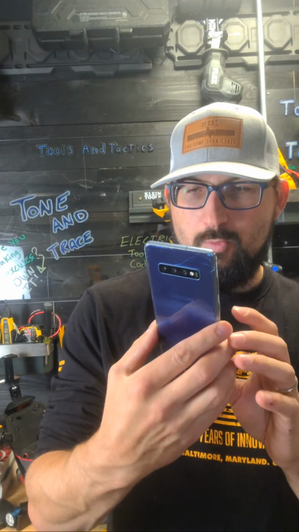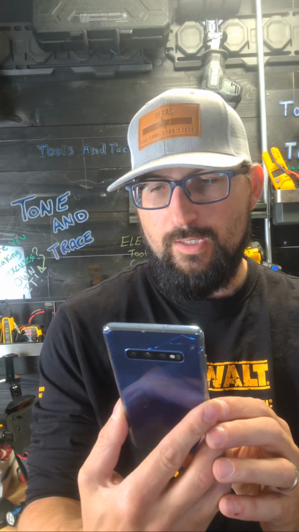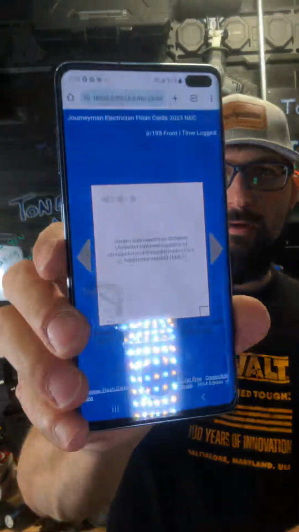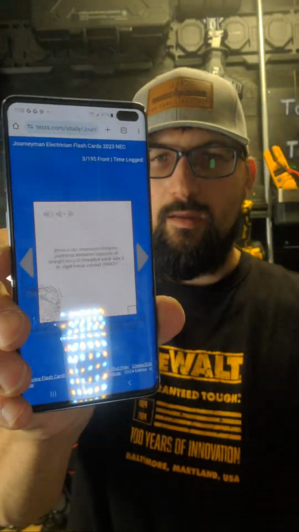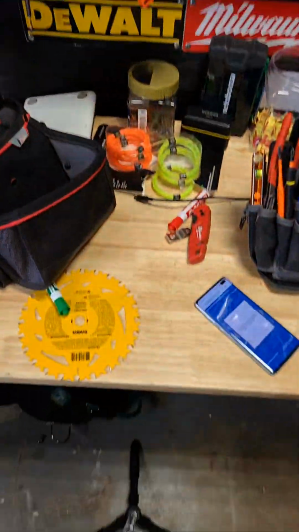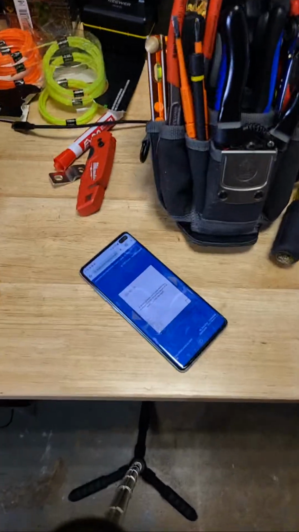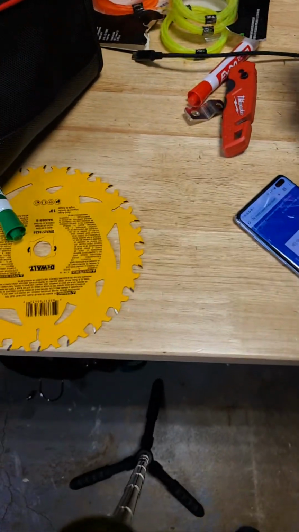What's the maximum distance between the supports? What is the maximum distance between supports of straight runs of threaded size 2-inch rigid metal conduit RMC? So if we go here, man, look at that picture, dude.